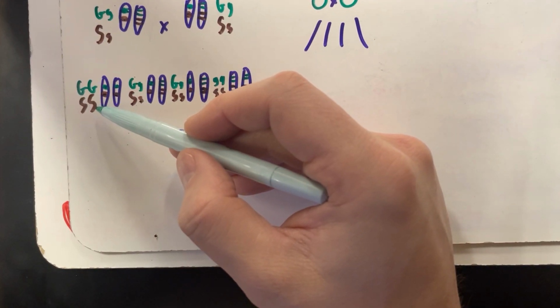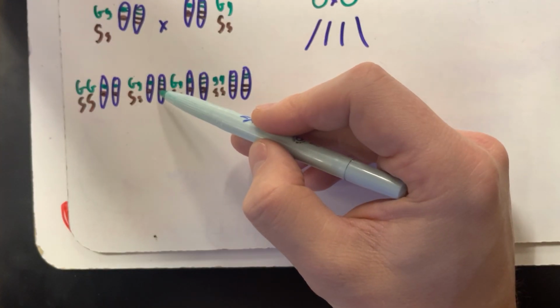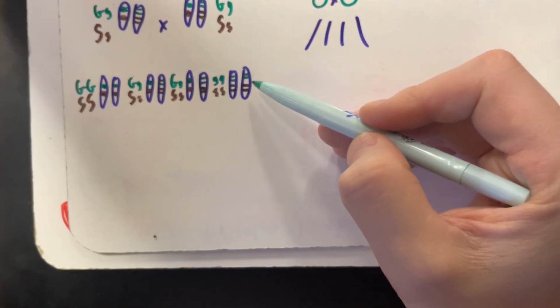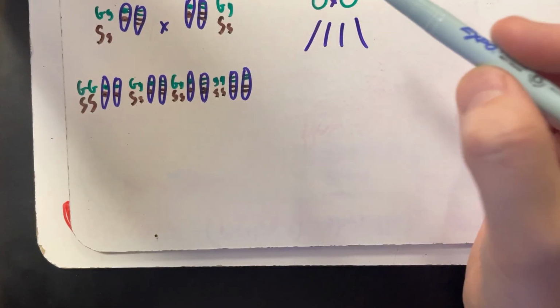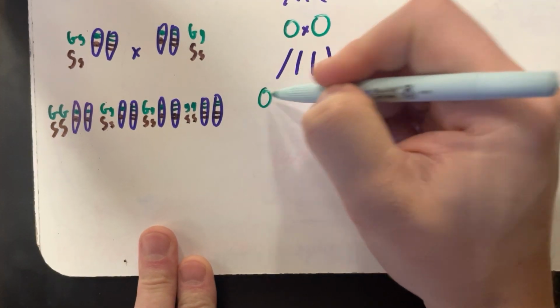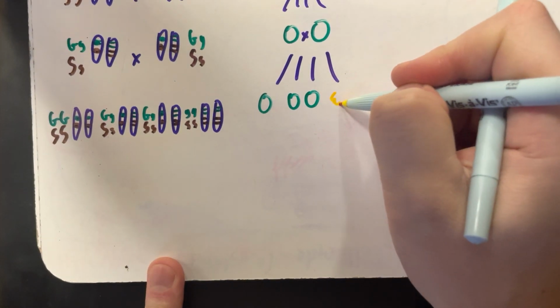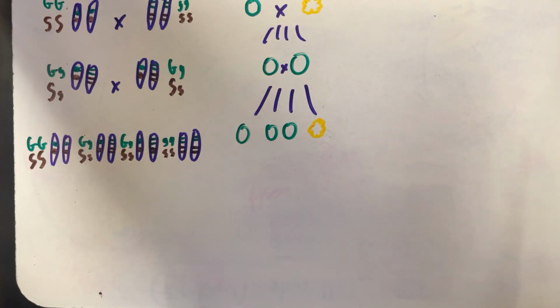Big S, so therefore it's smooth. So that's green and smooth. What's this one? Green and smooth. What's this one? Green and smooth. What's this one? Yeah, wrinkled and yellow. And the 4th option is wrinkly and yellow. Yeah, so these are linked.